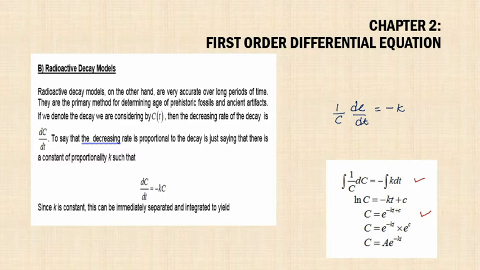By separating the exponent, we have e to the power of negative kt times e to the power of c. So at the end we have the equation for radioactive decay as C equals A e to the power of negative kt, where A is e to the power of c.